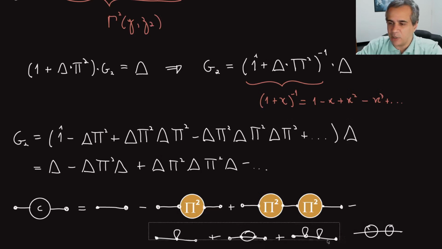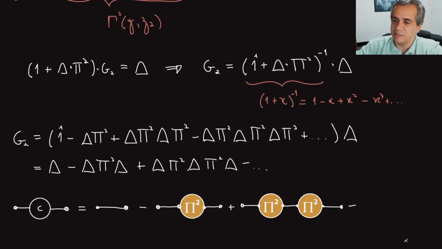So that's what I meant when I said sometimes you can take very complicated diagrams and rewrite them in terms of 1pi diagrams. Each of these diagrams now go to arbitrary high powers in the interaction, right? Because there's lambda to any power in here.